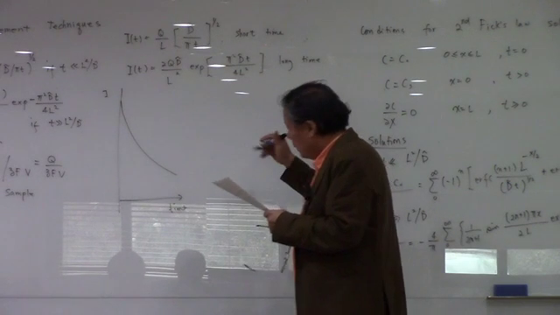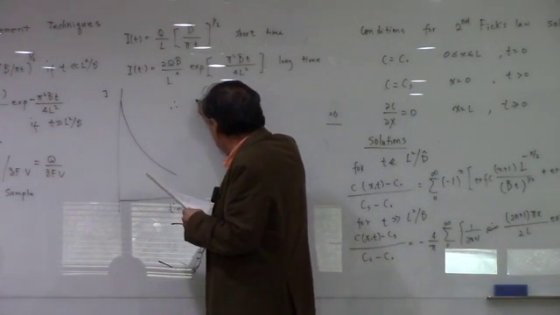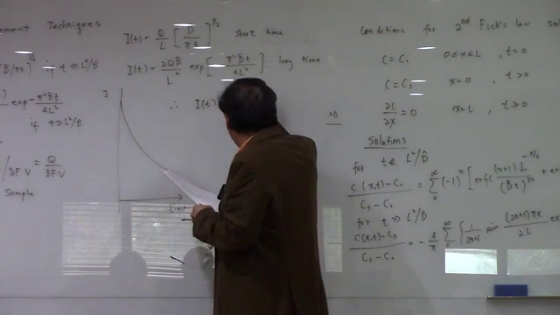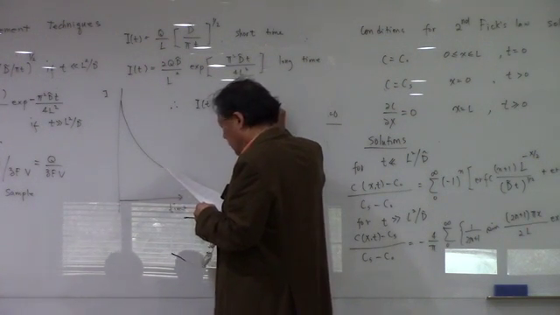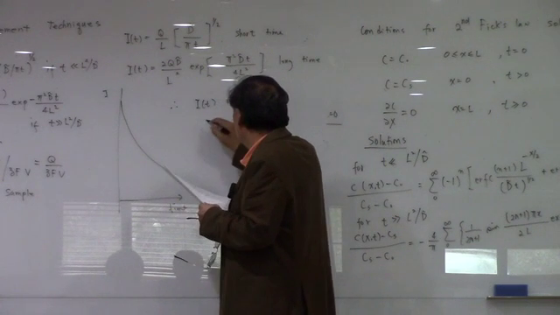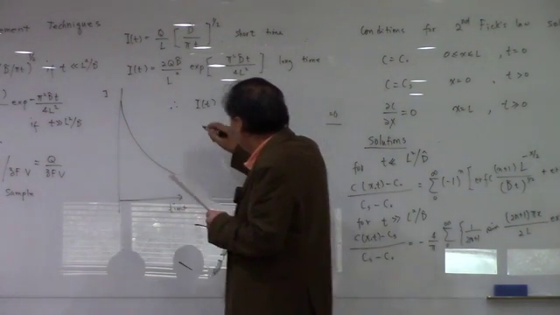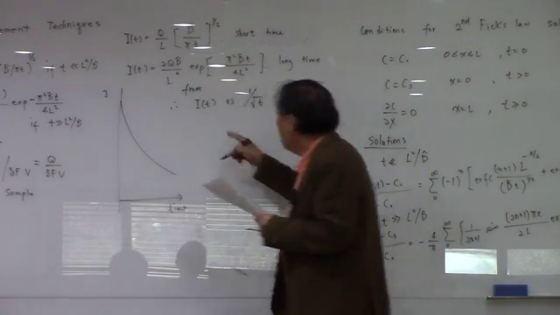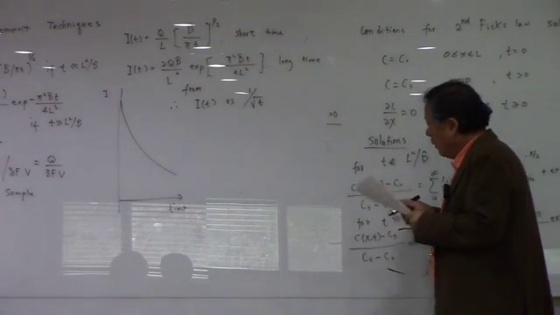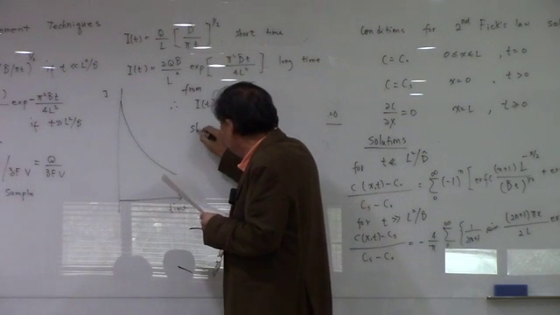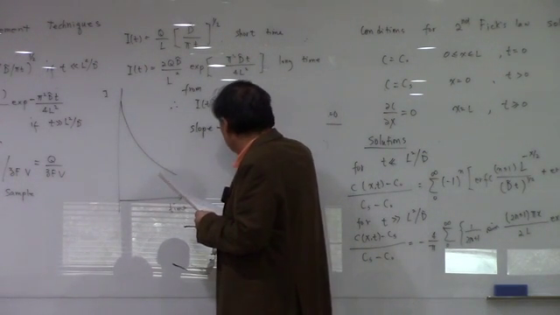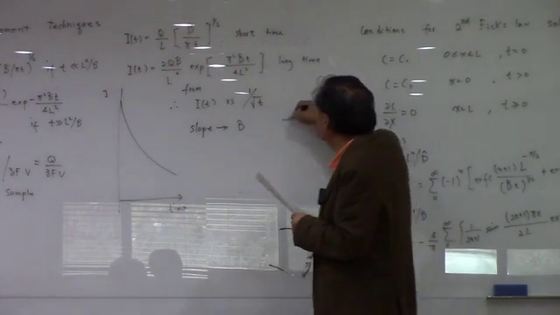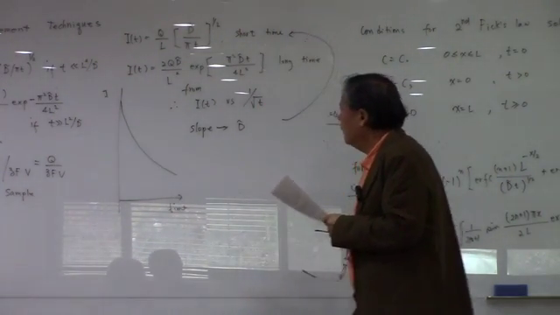Okay, so this means that the I(t) versus 1 over root t, from I(t) versus 1 over root t, the slope is related to the diffusion coefficient of the material from this equation, right?